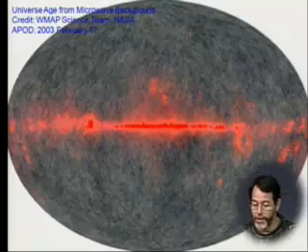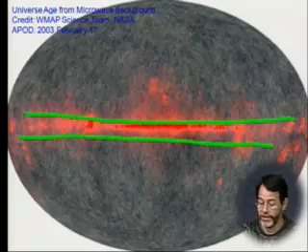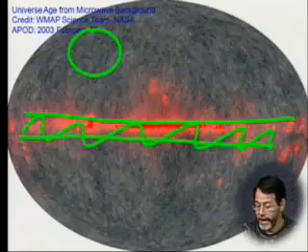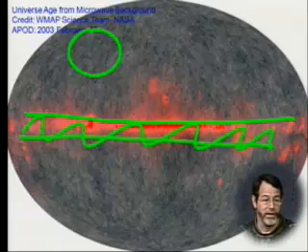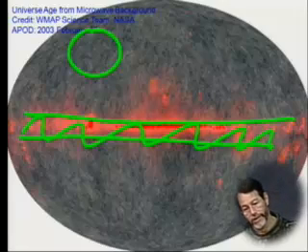Okay, here we move into microwave. In the microwave region, again, here is this plane of our galaxy, where there's lots of sources. Very interesting is out away from our galaxy. This can actually be subtracted. And out away from our galaxy, though, there is still structure in the microwave background. So microwaves are light that is so red you can't see it. It's more red than infrared, but not as red as radio.